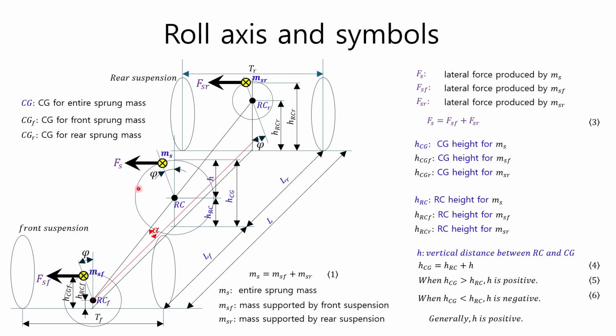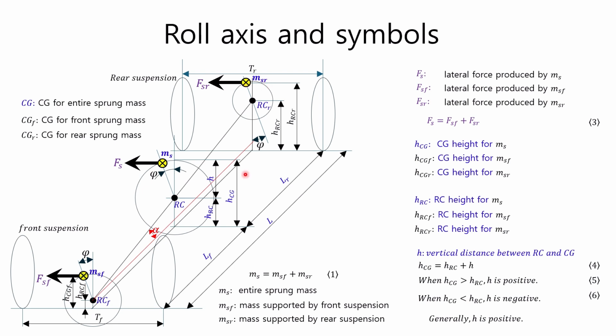FSF represents the lateral force generated by the front sprung mass, and FSR represents the lateral force generated by the rear sprung mass. Therefore, the lateral force FS generated by the total sprung mass MS, as shown in equation 3, can be expressed as the sum of the lateral force FSF generated by the front sprung mass MSF and the lateral force FSR generated by the rear sprung mass MSR.